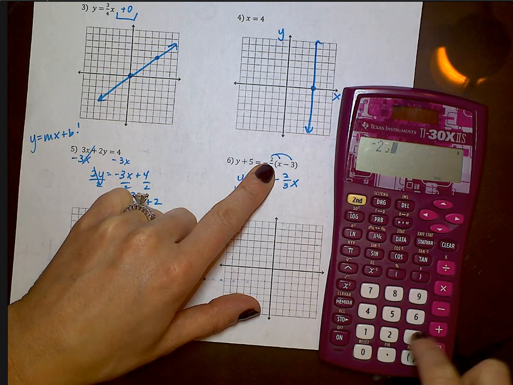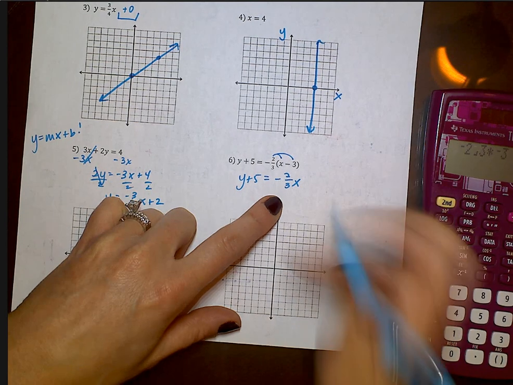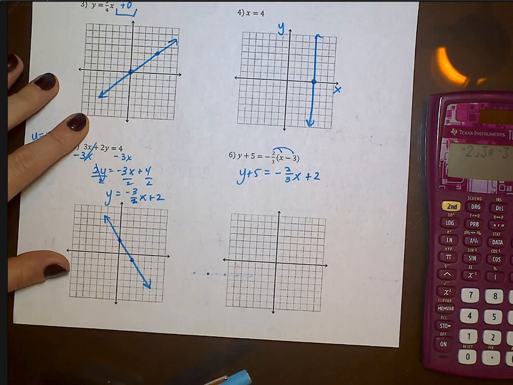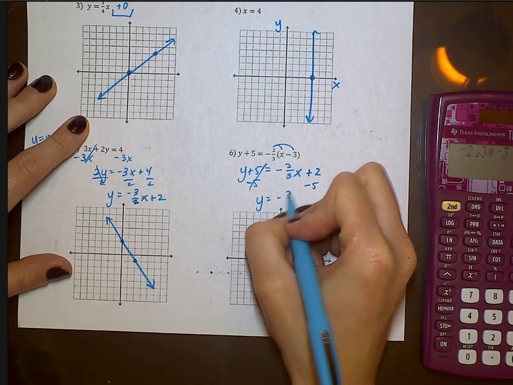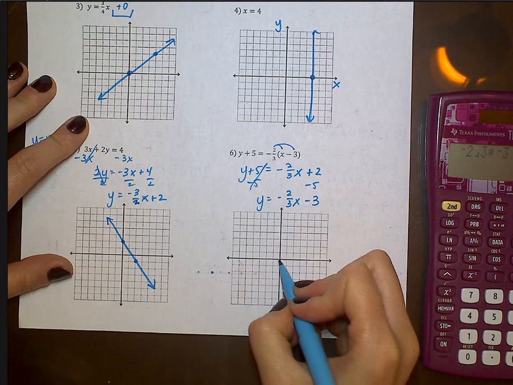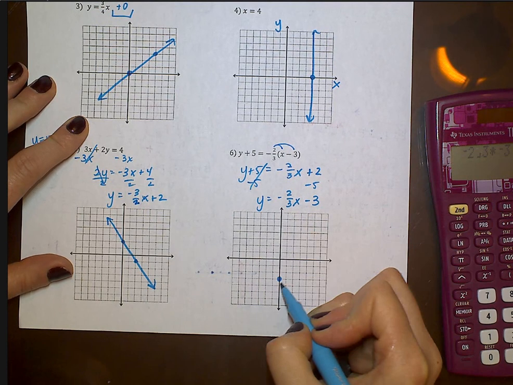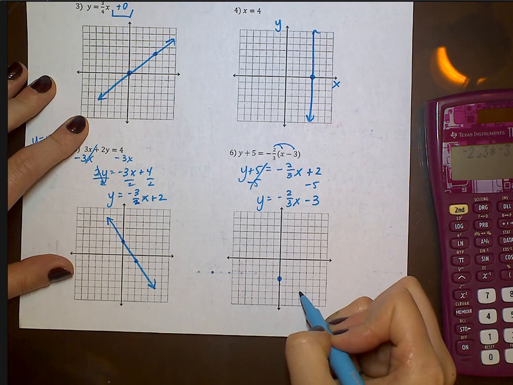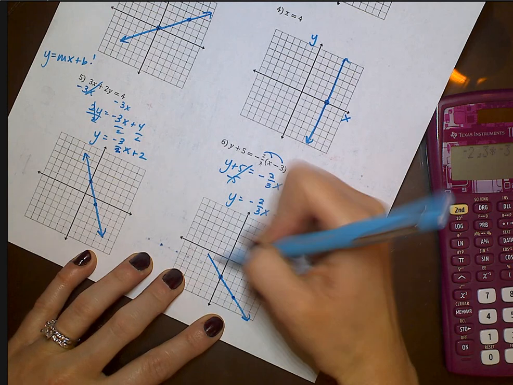So I'd do negative 2/3 times negative 3, and that's just 2. And then I would subtract the 5. So that's what I'm looking to graph. That has a y-intercept of negative 3. It's a negative slope, so I'm going to go down 2 and always move right with the bottom number. And there we are.